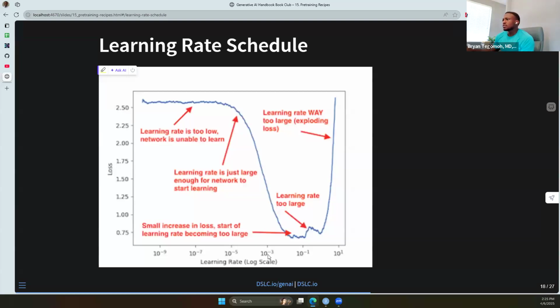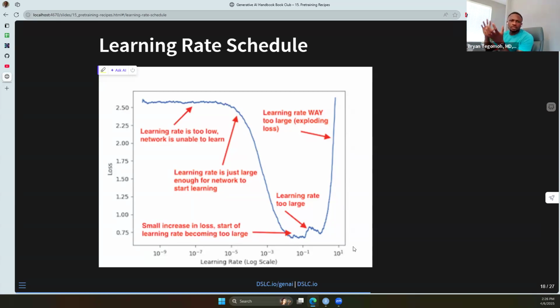And then you can see, around 10 to the minus 3, we have a significant decrease in loss as the learning rate increases. Then a small increase in loss shows the learning rate becoming too large. So we have to find the right balance.